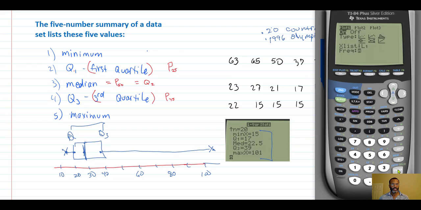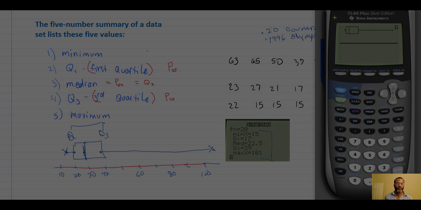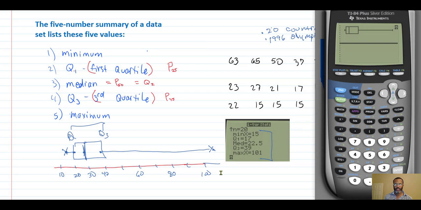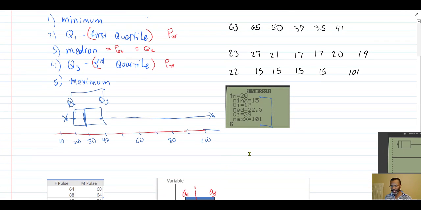And when we plot that one by hitting graph, let's make sure we're zoomed appropriately. So I'll say zoom 9, and you can see that the plot we just made looks very much like the plot we would have done by hand.